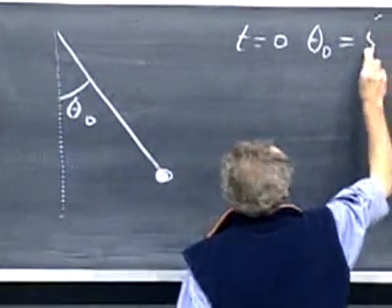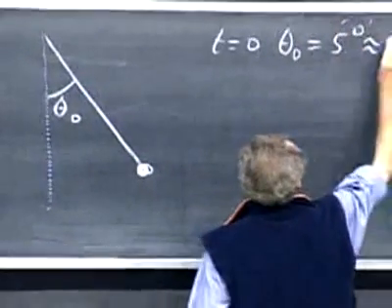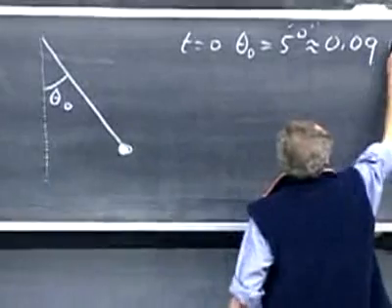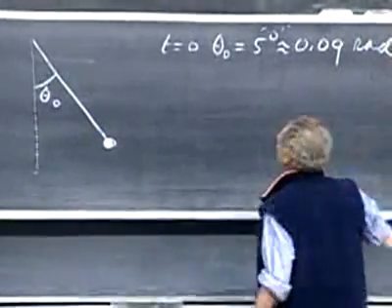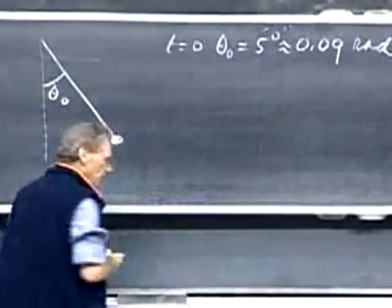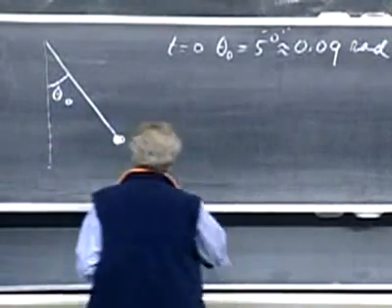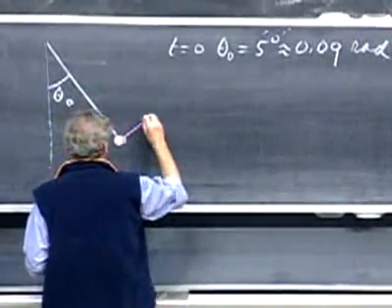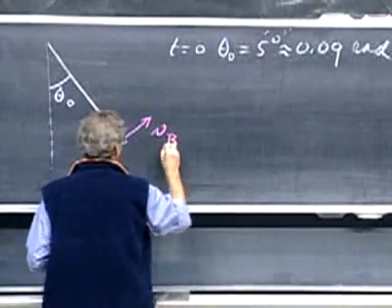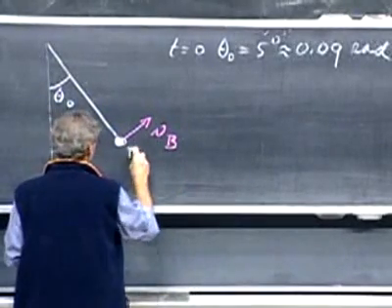It's 5 degrees, which is approximately 0.09 radians. At that time t equals 0, I give this pendulum a tangential speed. I call it v of b, because I call this point b.